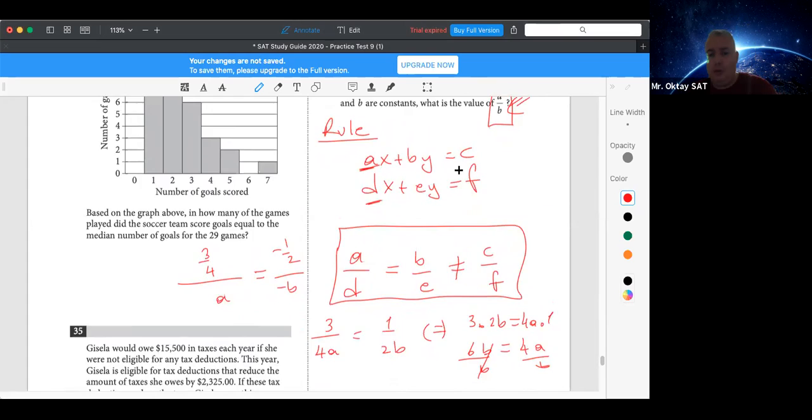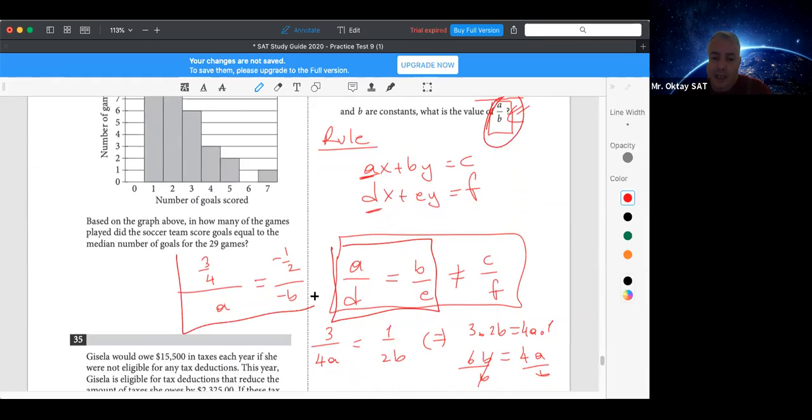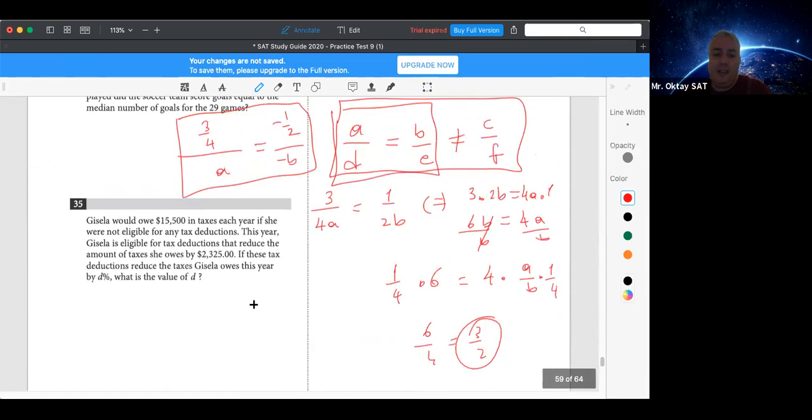If no solution: ax plus by is equal to c, dx plus ey is equal to f, where a over d is equal to b over e, but it's different than c over f. Yes, this is the rule. By using this rule, a over b is equal to c over d is different than e over f. Okay, since I need a over b, it's enough here for me to use this equation. When I do cross product, I am getting the result.